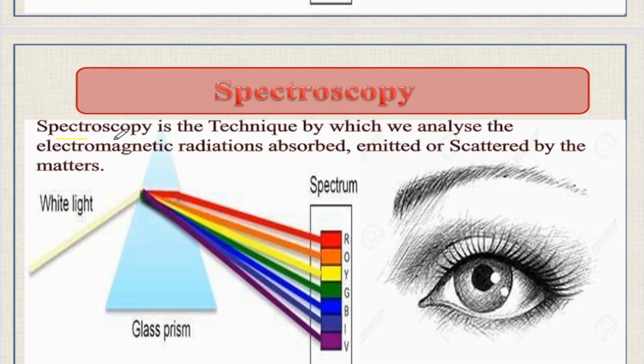Spectroscopy is the technique by which we analyze the electromagnetic radiations absorbed, emitted, or scattered by matter. So, in spectroscopy, we analyze the absorbed, emitted, and scattered electromagnetic radiations.